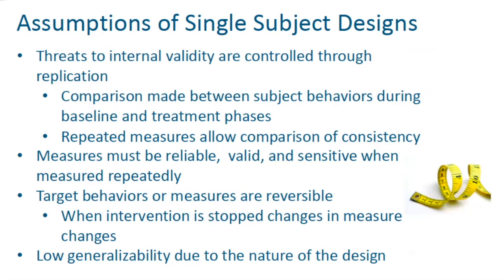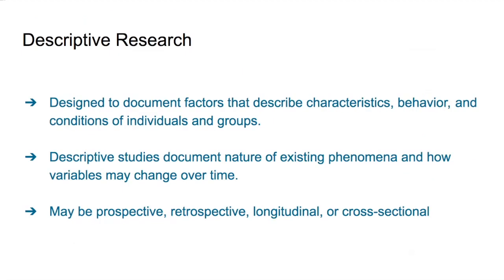And we'll talk about some of those characteristics later, okay? Target behaviors or measures are reversible. So as you saw in those graphs, when the intervention was stopped, the changes go back to similar to baseline, okay? It's not easy to generalize this intervention to a broad population because of the nature of the design.